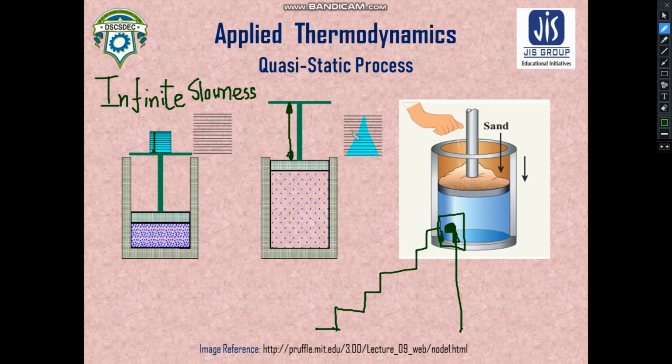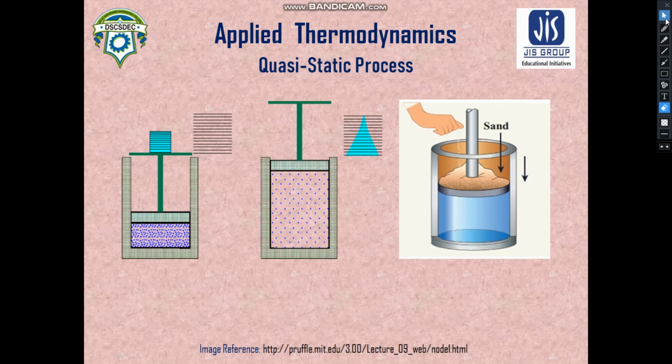In reality, they don't really take place. We shall discuss the reversible and irreversible processes later on, but just to help you understand, this doesn't apply practically.